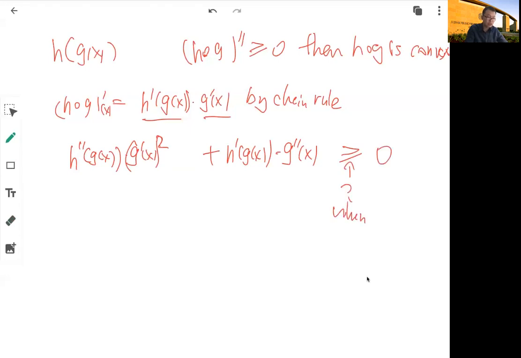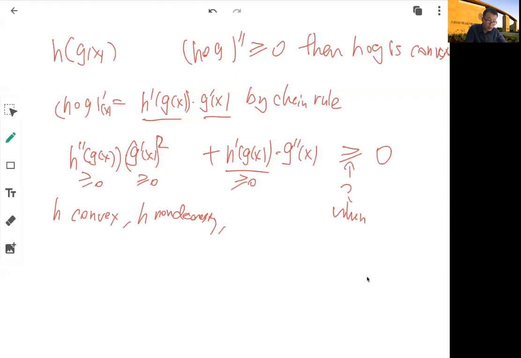Let's try to reproduce some of the conditions from the slides. H convex says that h double prime is always non-negative, and since g prime is squared, this term is also always non-negative. H non-decreasing says that h prime is always non-negative.